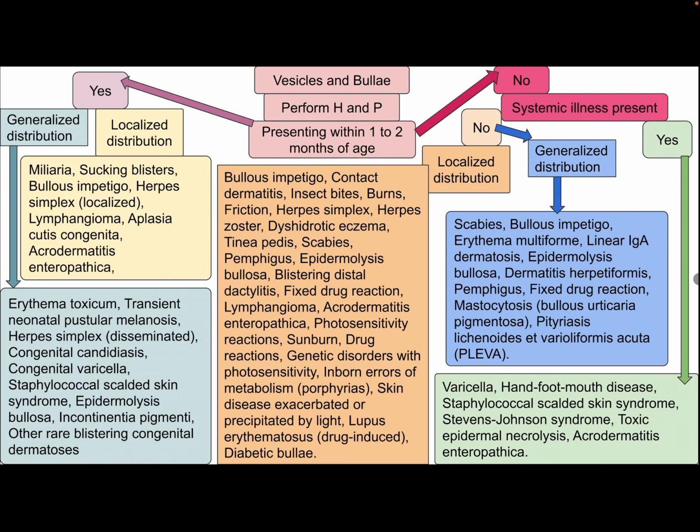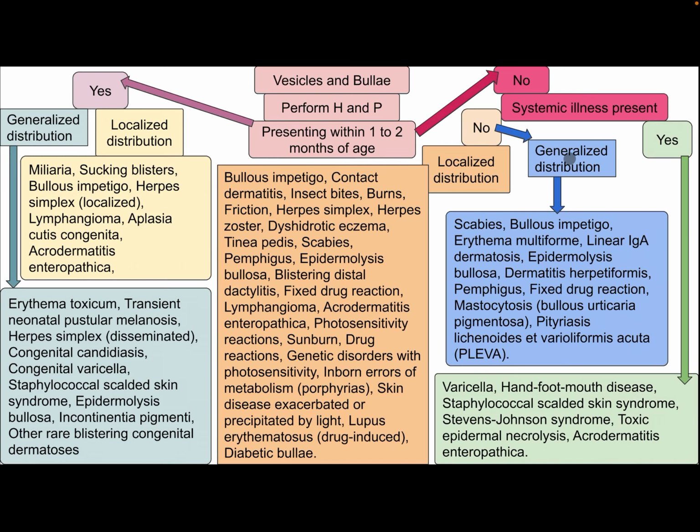If yes, the differential diagnosis includes varicella, hand, foot, and mouth disease, staphylococcal scalded skin syndrome, Stevens-Johnson syndrome, toxic epidermal necrolysis, acrodermatitis enteropathica. If there is no systemic illness present, is it localized or generalized?